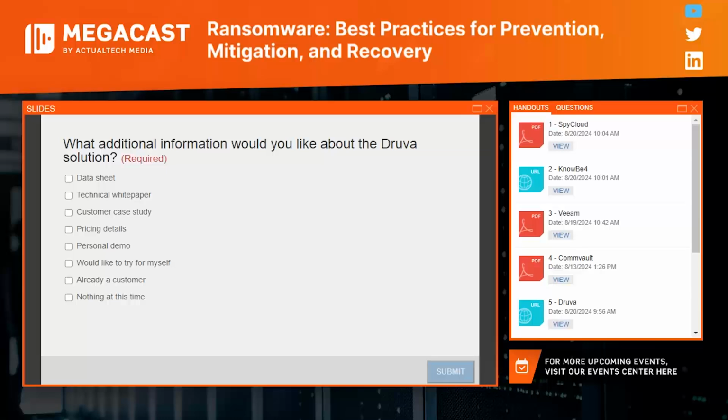And that supports workloads such as endpoints and file servers, SaaS applications like SharePoint and OneDrive, and virtual machines hosted on VMware. So that answers the first part of the question.